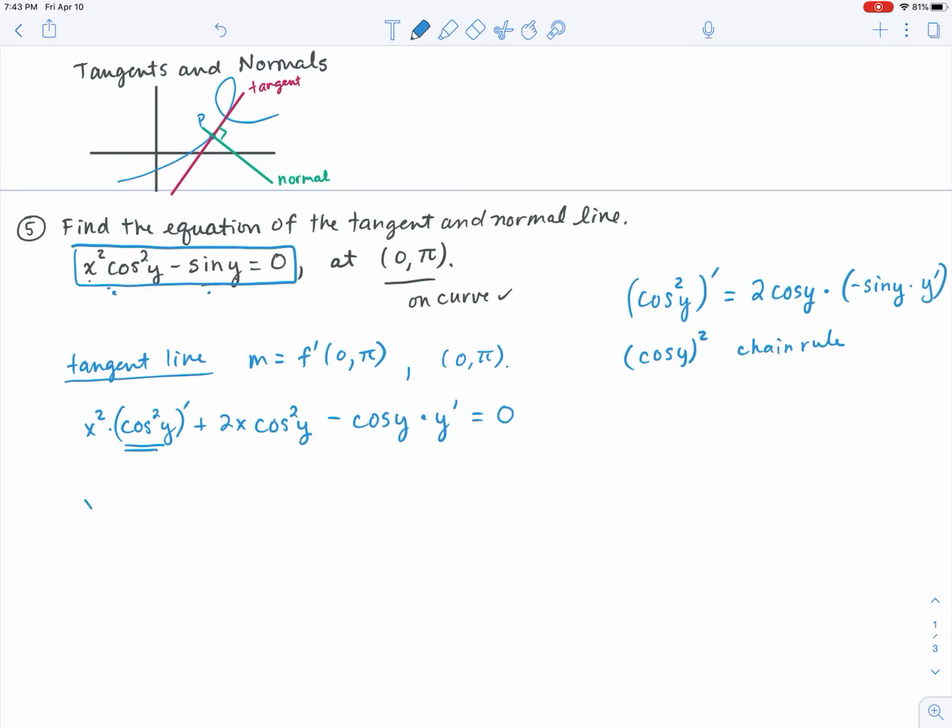So let's put that in here. I'm going to have negative 2 x squared cosine y sine y y prime.